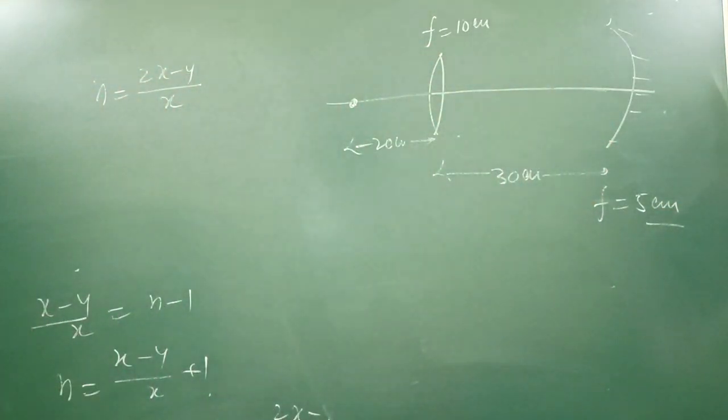The question is like this, I am reading here. An object is placed at a distance of 20 centimeter to the left of a convex lens of focal length 10 centimeter. A concave mirror of focal length 5 centimeter is placed at a distance of 30 centimeter to the right of the lens. Find the position and nature of the final image.